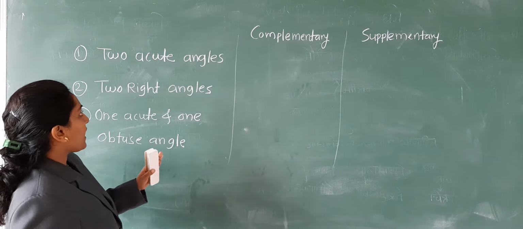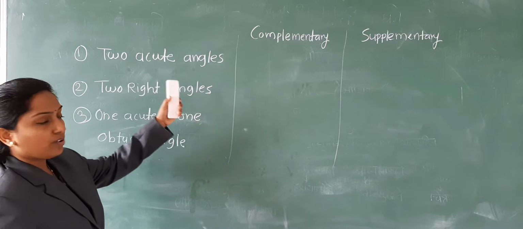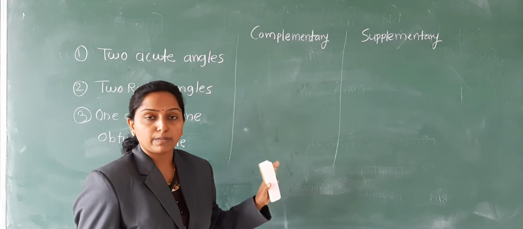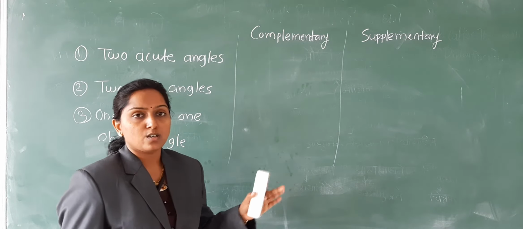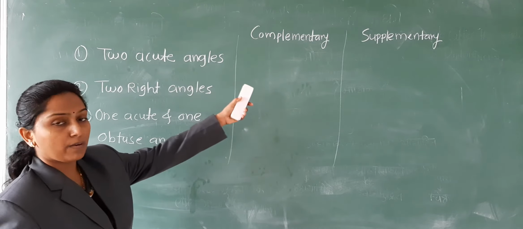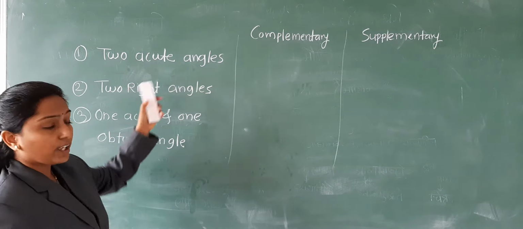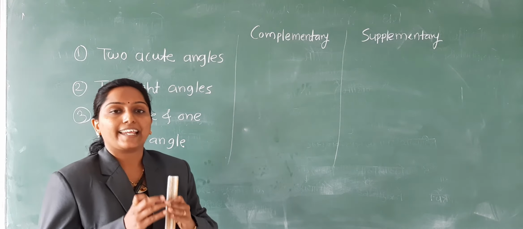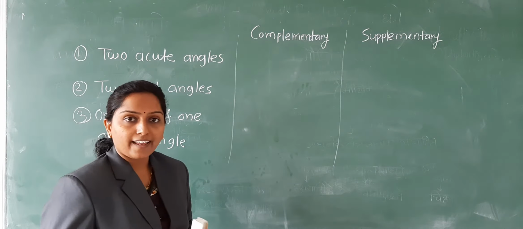The first case is whether two acute angles can make a pair of complementary angles or supplementary angles. Can we make a pair of complementary angles by using two acute angles?